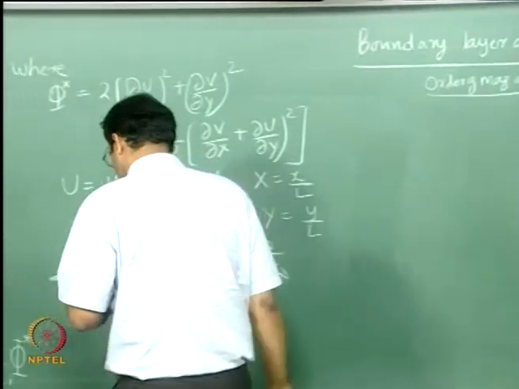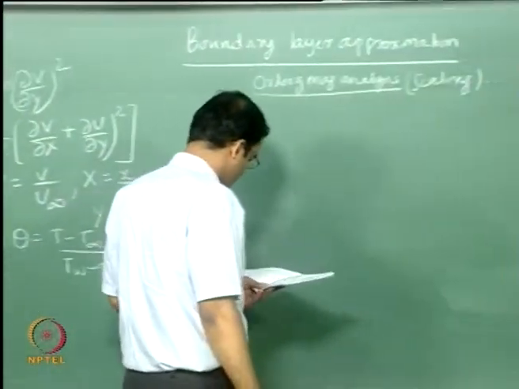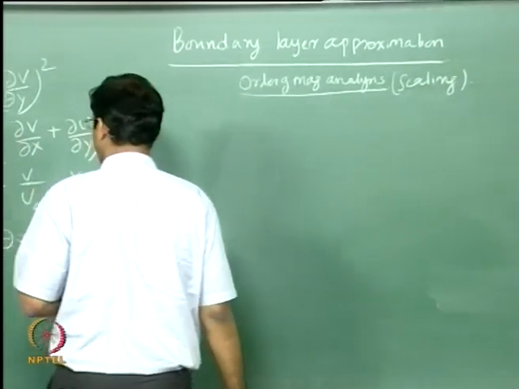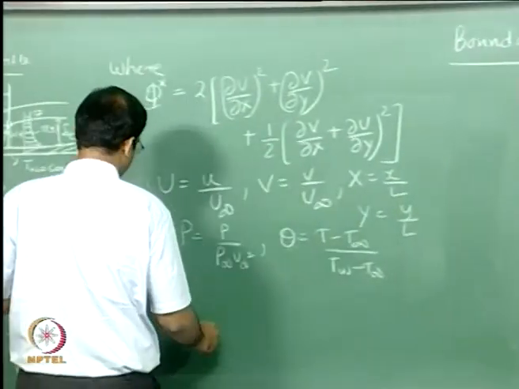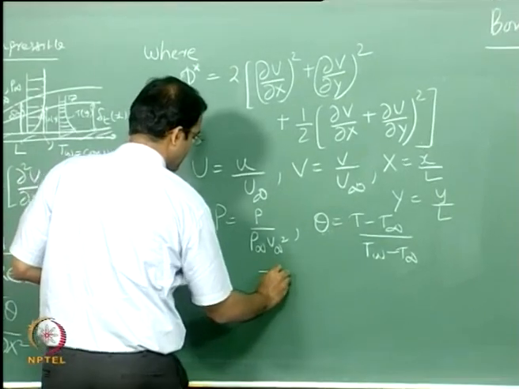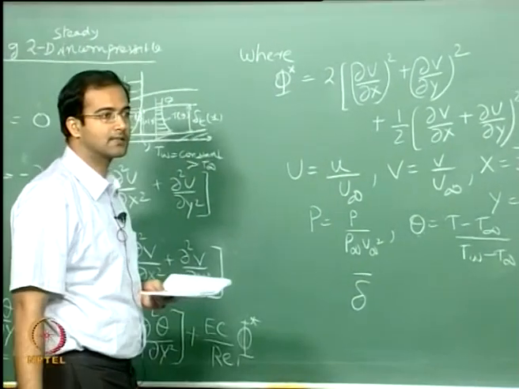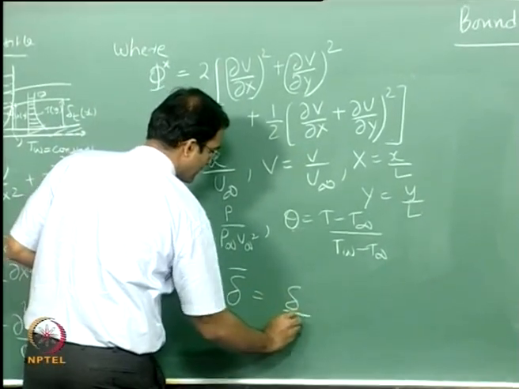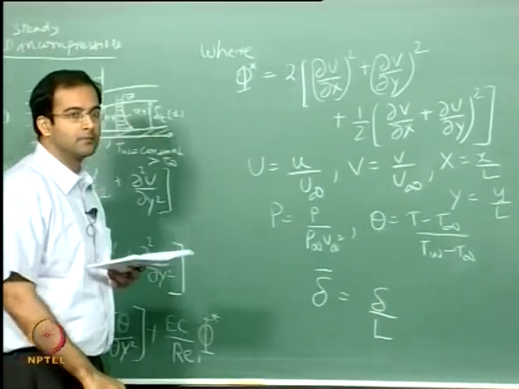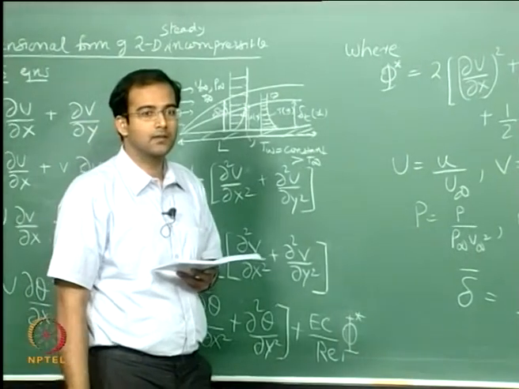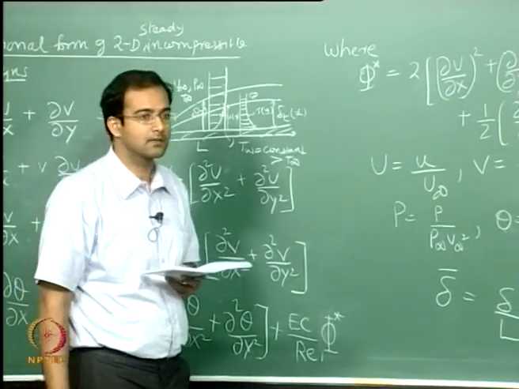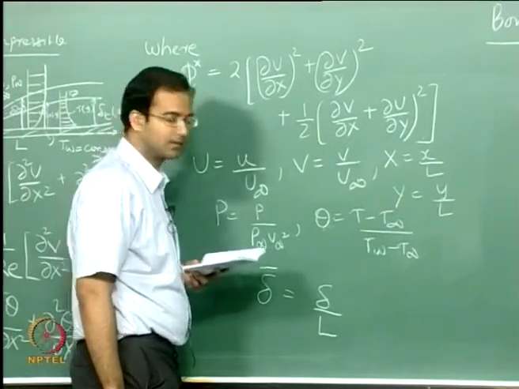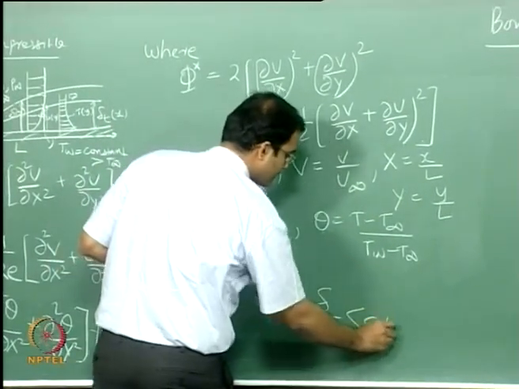So let us introduce some order of magnitude of certain quantities here. Before that, we will introduce what is called a non-dimensional boundary layer thickness for velocity. Let us call this delta over bar, which is nothing but delta by L. And obviously for boundary layer flows, this quantity should be very small.